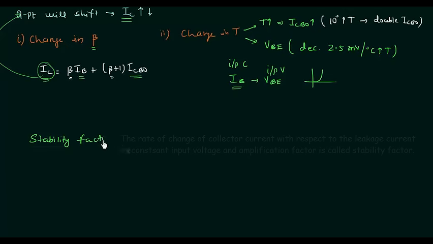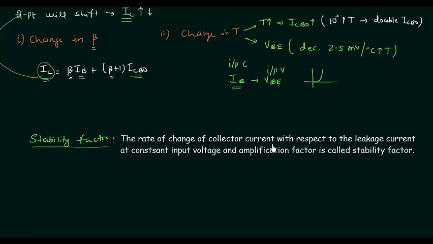The rate of change of collector current IC with respect to the leakage current ICBO at constant input voltage VBE and amplification factor beta is called the stability factor.